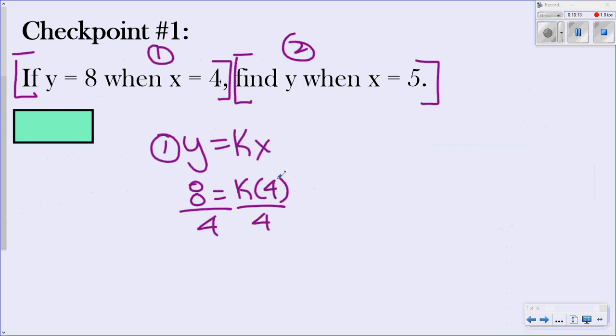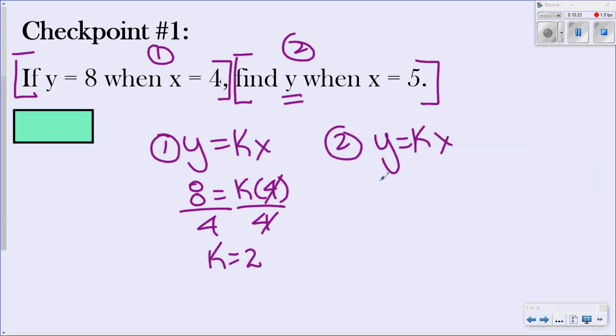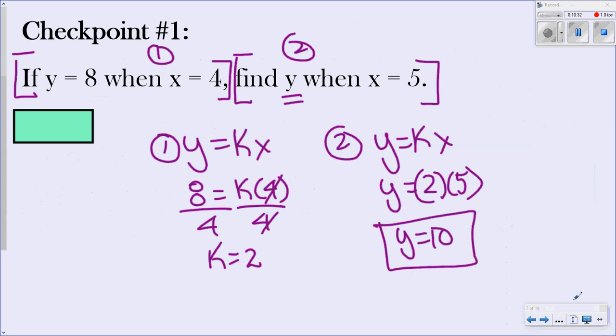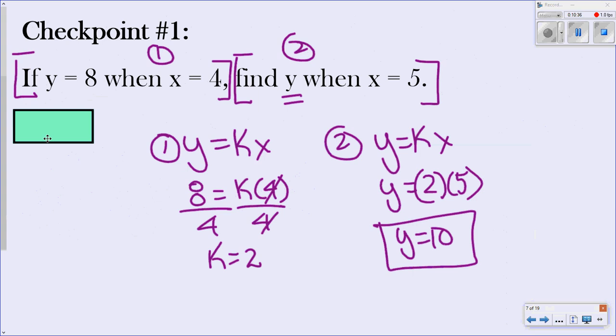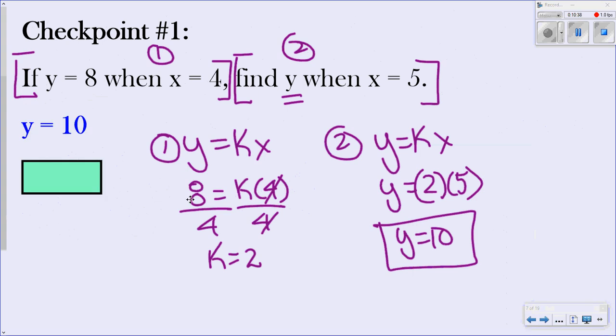So we divide, cancel, k is equal to 2. Now the second part, we're going to use that k back in that equation and then find y. So then y equals 2 times 5, so 10, y equals 10. And when you deal with direct variation, you're always going to do a two-part work.